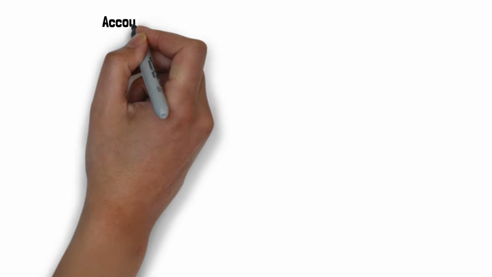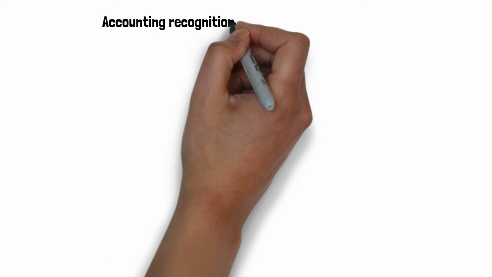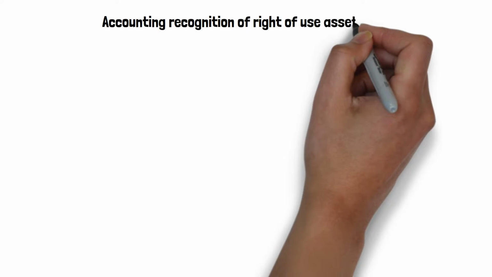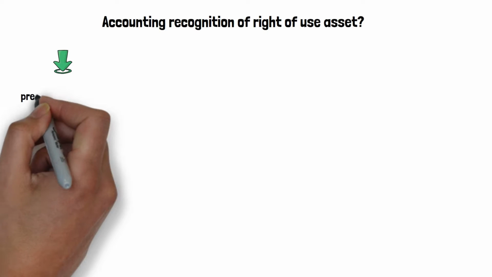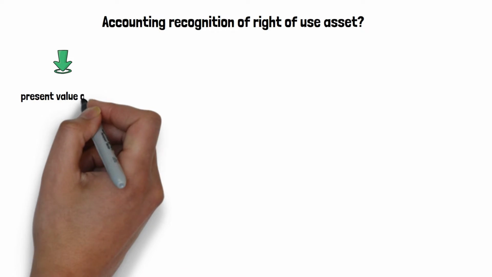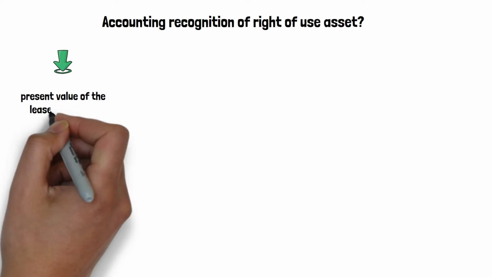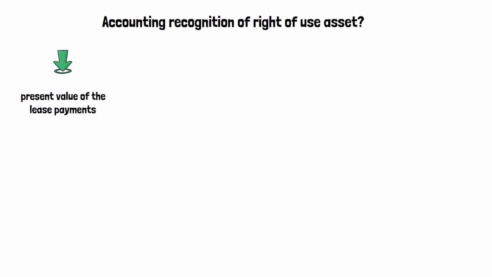Knowing the above, how is a right-of-use asset recognized? According to paragraph 24 of IFRS 16, the initial cost of a right-of-use asset is made up of the following elements. The amount of the initial measurement of the lease liability, as described in paragraph 26.